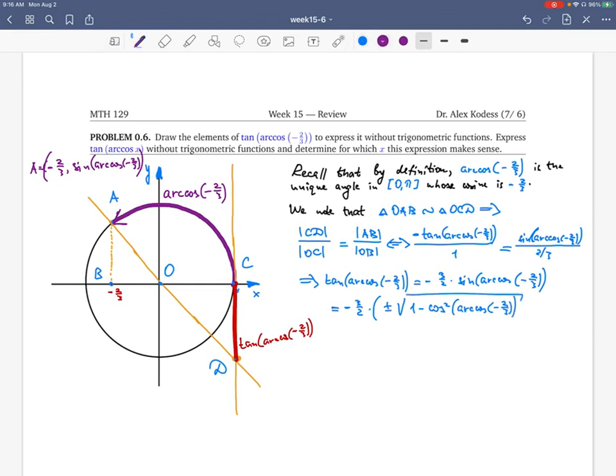And we see that because arc cosine belongs to 0 pi, where sine is positive, we take the positive sign here, and so this becomes negative 3/2 times positive square root of 1 minus cosine of arc cosine of negative 2/3 is negative 2/3.